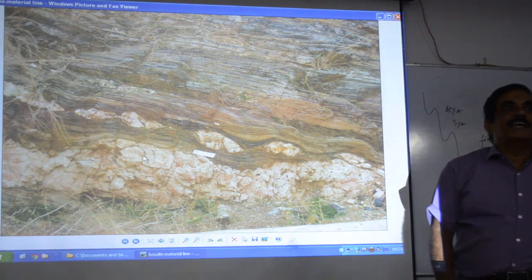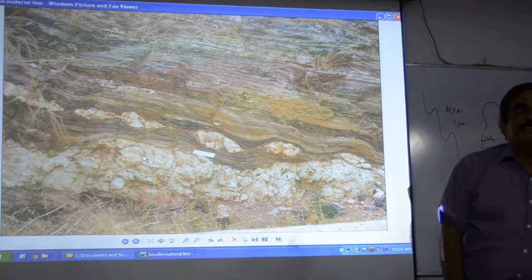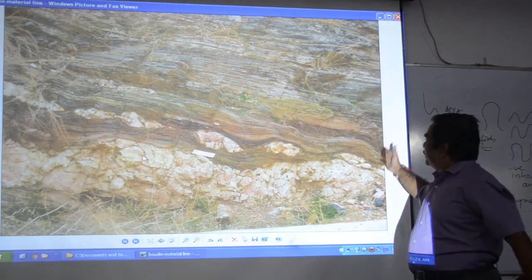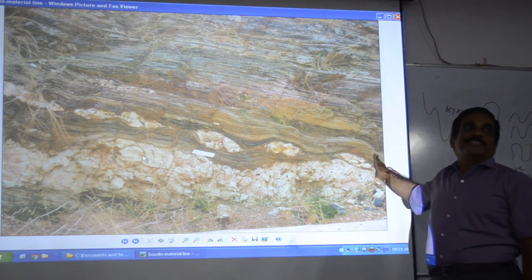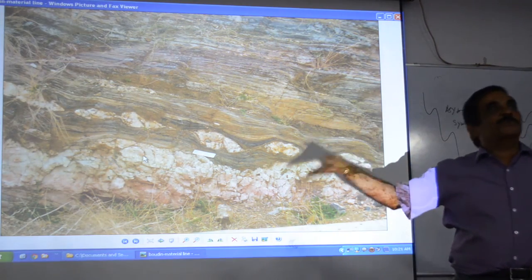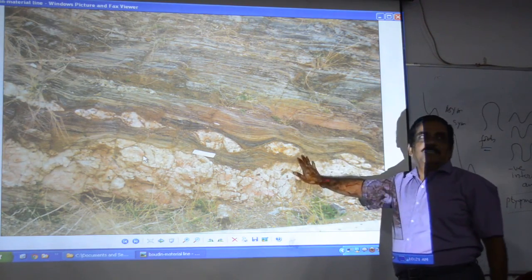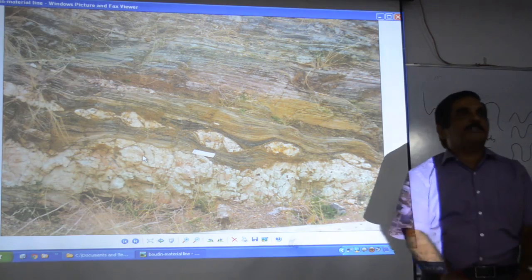Without seeing the vertical section you cannot say, sir. On this side you may not be able to see, but in some other place you will be able to see. Suppose this outcrop is occurring here.